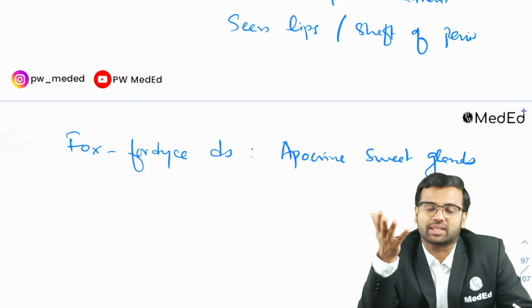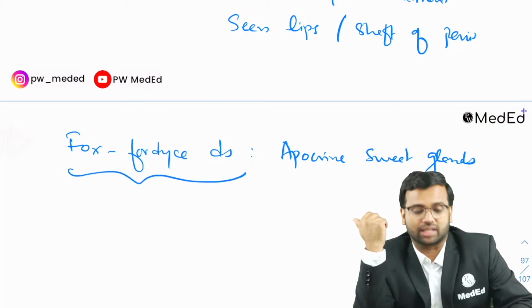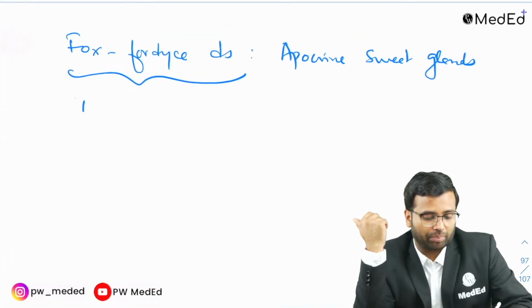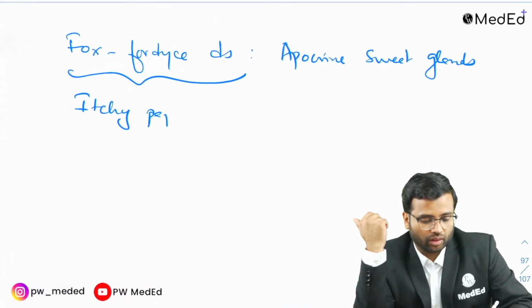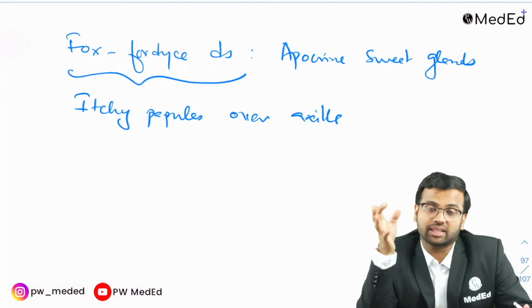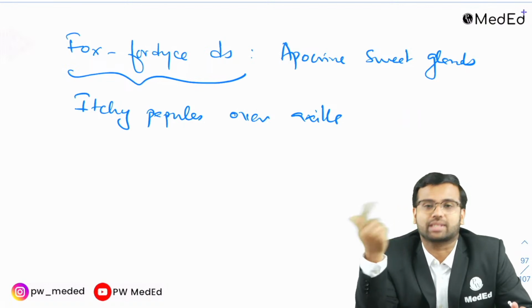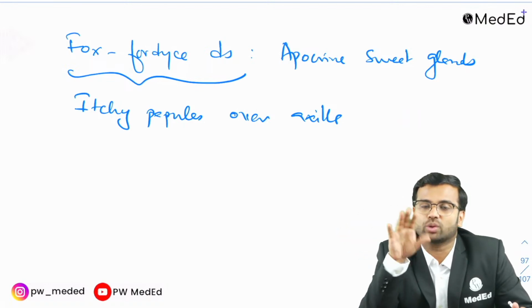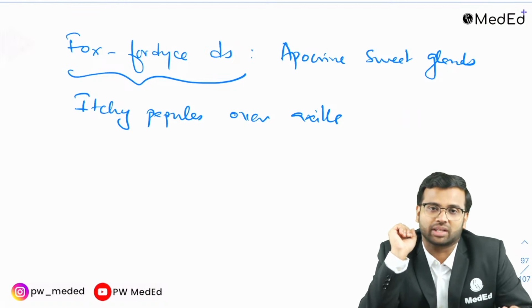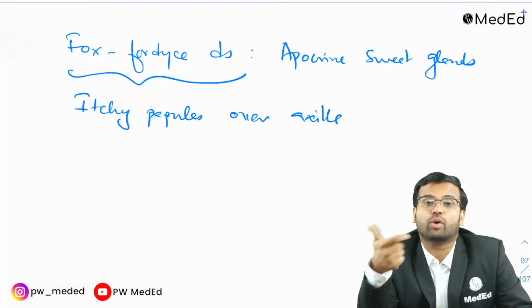In this case the patient usually presents with itchy papules over the axilla, and this is a disease condition which may require treatment, whereas Fordyce spots are ectopic sebaceous glands, and those usually do not require any treatment. So please make sure that you have a clear picture about Fordyce spots and Fox-Fordyce disease.